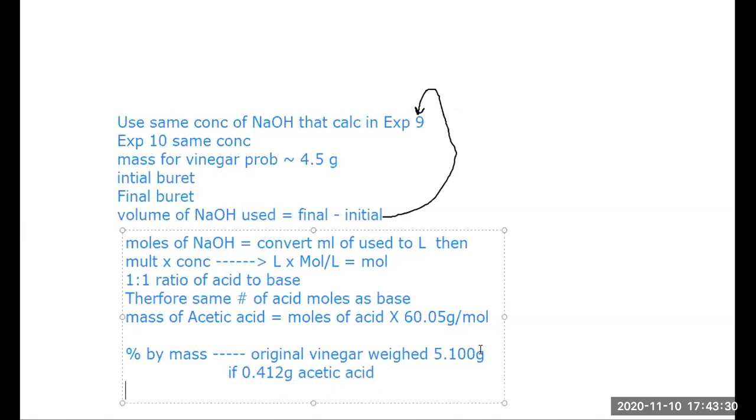So now you have 2 pieces of data, and you can do 0.412 divided by 5.100.